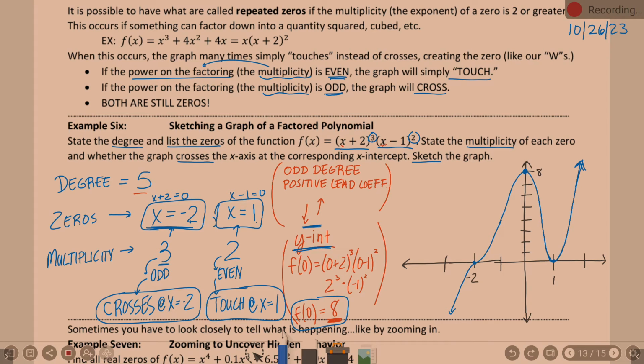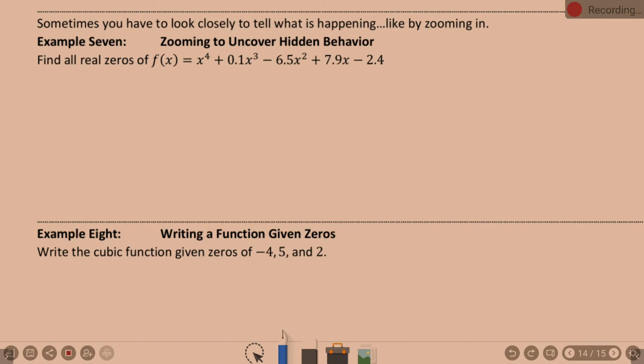Okay. If you don't have questions there, let's look at example 7. Example 7 talks about zooming to uncover hidden behavior. It asks us to find all real zeros of this function. Notice it talks about zooming, right?